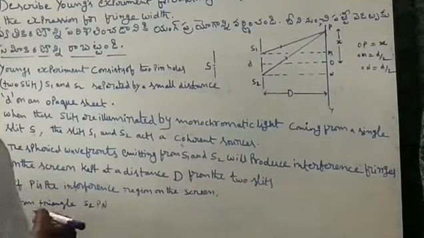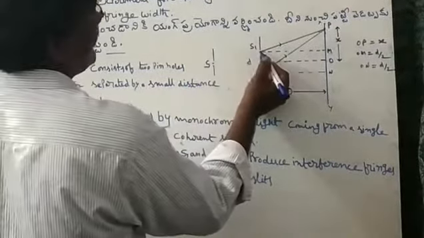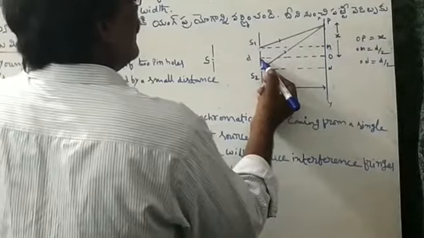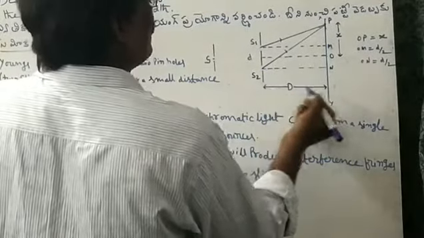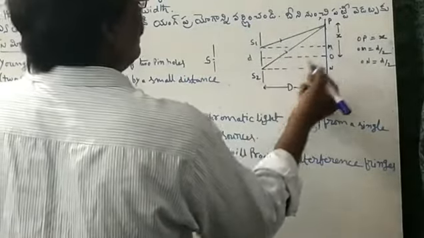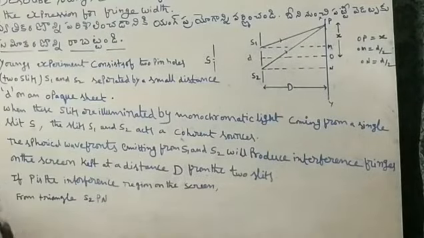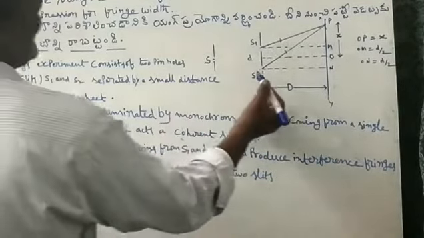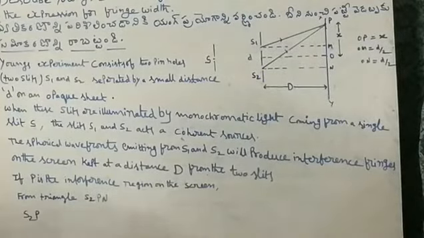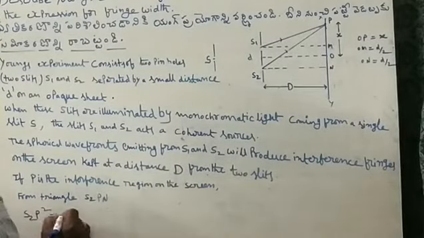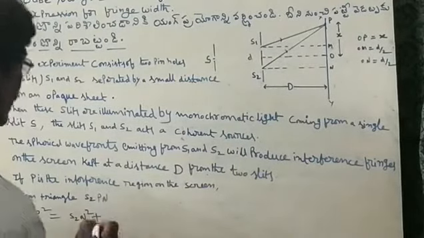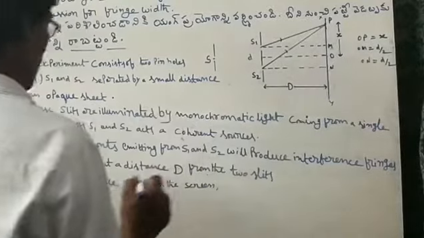Now from the triangle, d is the distance between two slits. Here S1M and S2N are equal to capital D. All are parallel lines, that's why S2N and S1M are also D. From triangle S2PN, S2P whole square is equal to S2N whole square plus NP whole square.